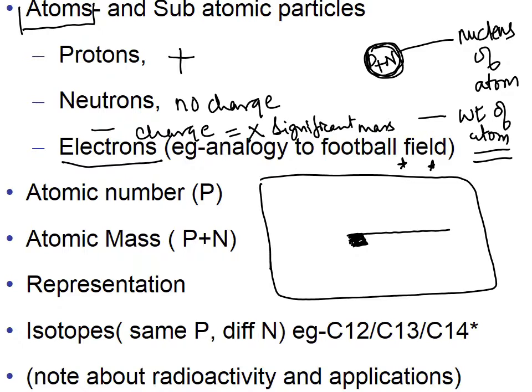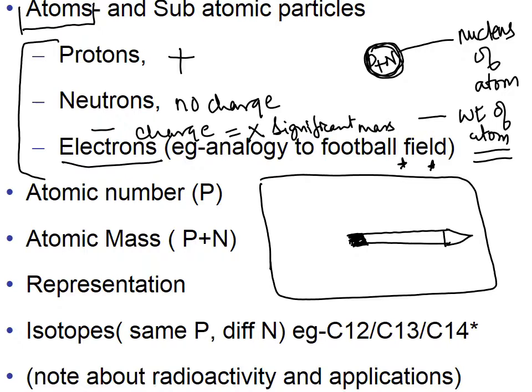So this is an analogy to help understand the size of each of the subatomic particles, what kind of influence they have on the atom, and how much free space exists in an atom.